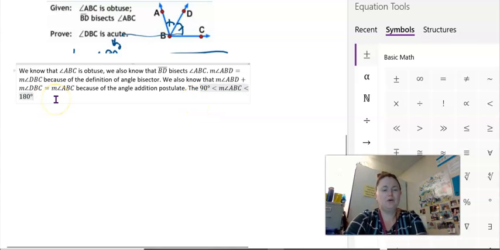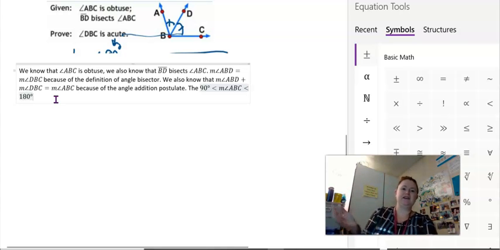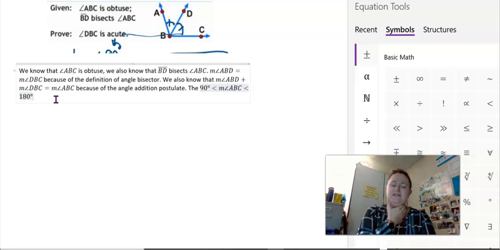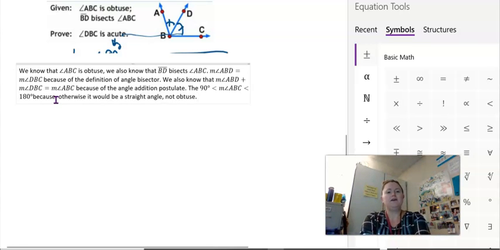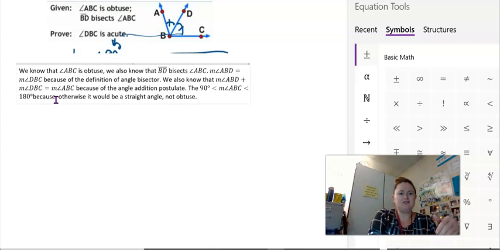I think the really important part there is that it has to be less than 180 because otherwise it's a straight angle. So we know that the measure of angle ABC has to be less than 180. We also know that ABD plus DBC equals ABC, and we know that ABD and DBC are the same.